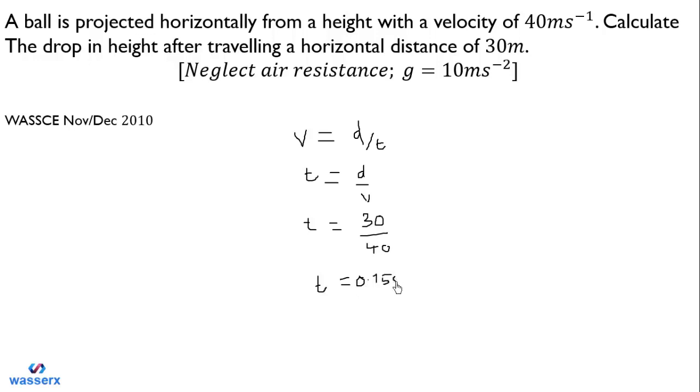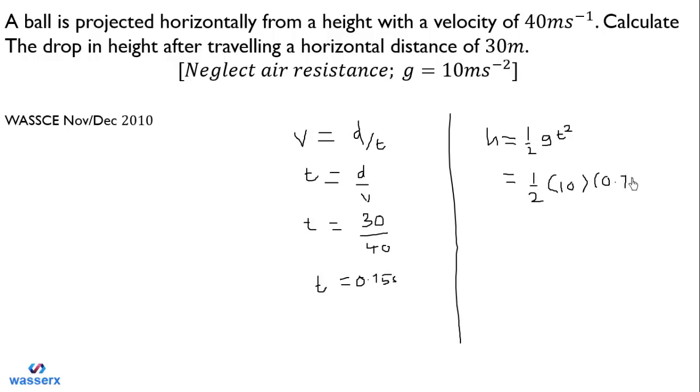So we now use the relation h is equal to half gt squared. So we substitute to get half into bracket 10, which is acceleration due to gravity, then times 0.75 squared.